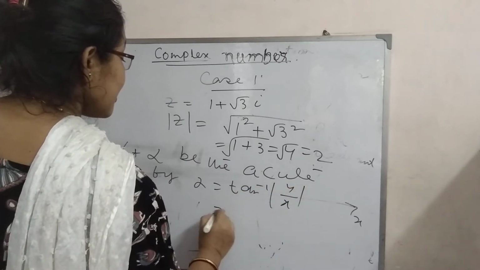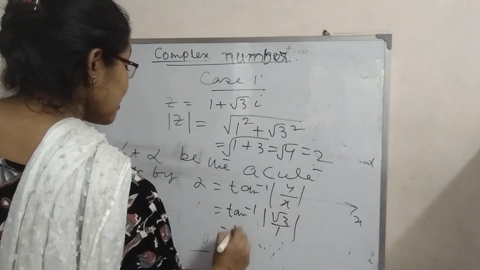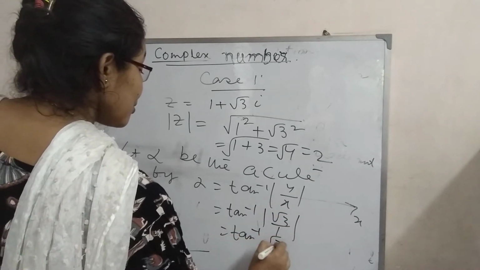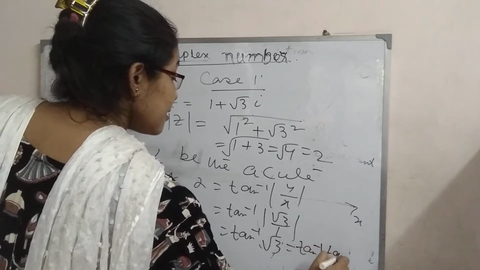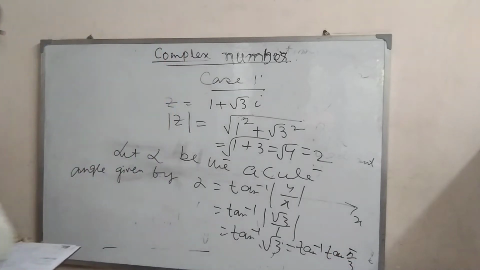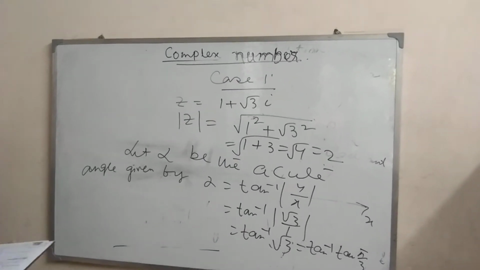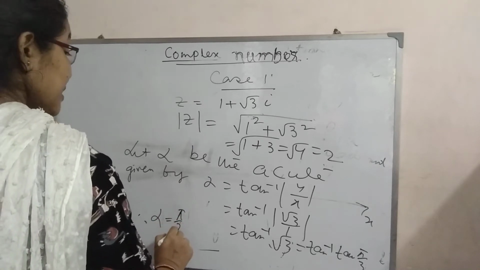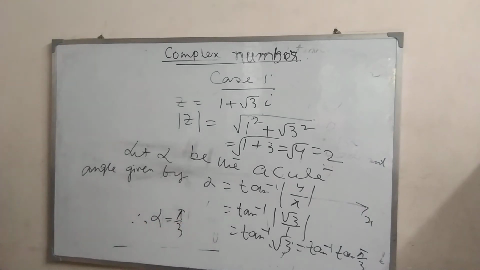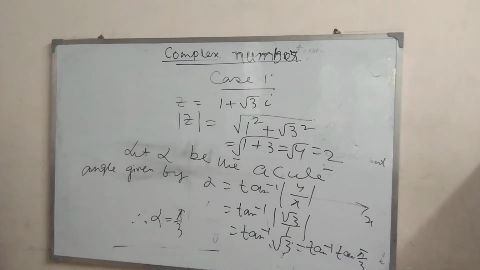Here y by x is root 3 by 1, so tan inverse root 3, that is tan inverse tan pi by 3. Therefore alpha equal to pi by 3.